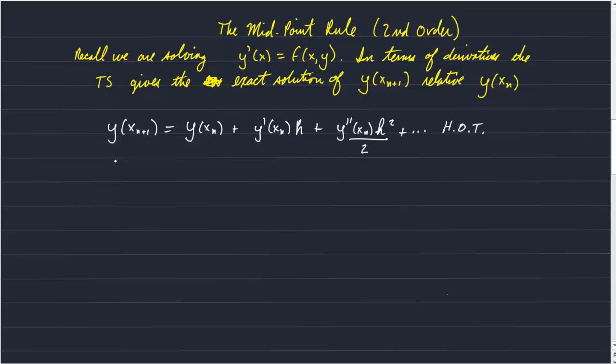Now you'll recall that Euler's method gave the approximate solution with the first two terms.